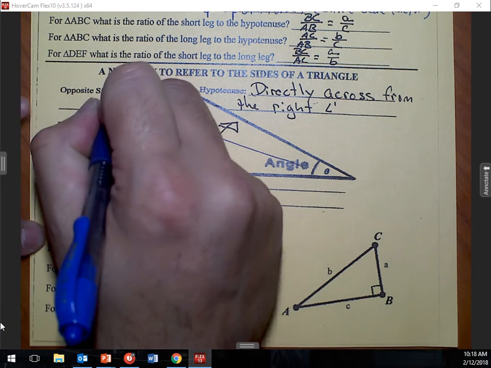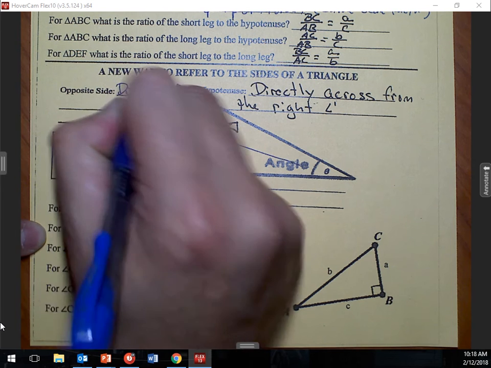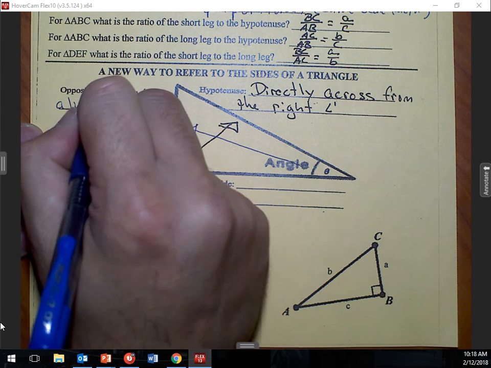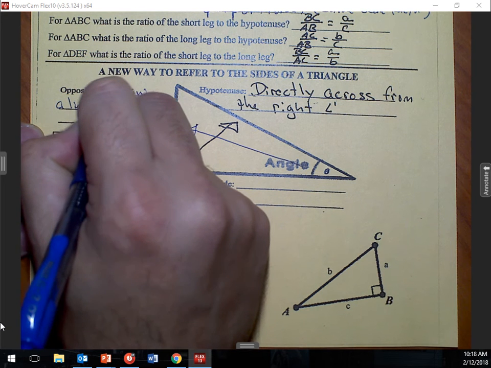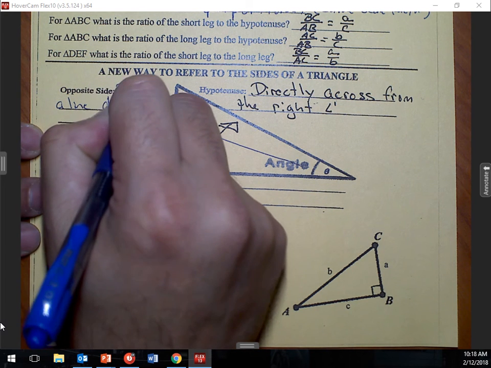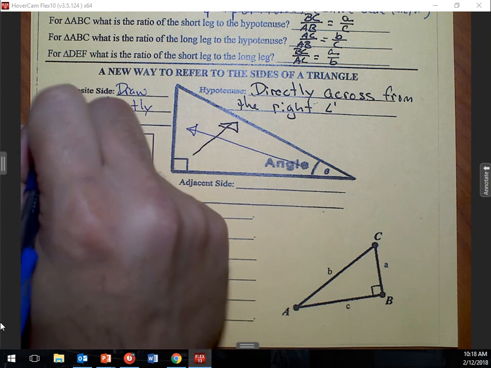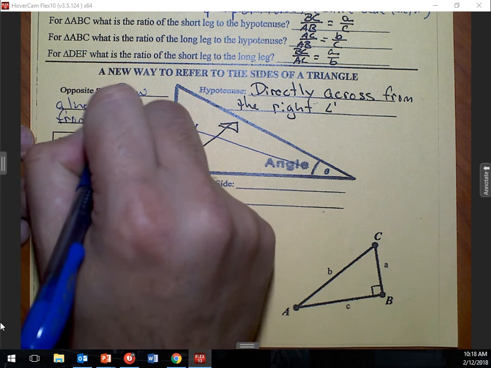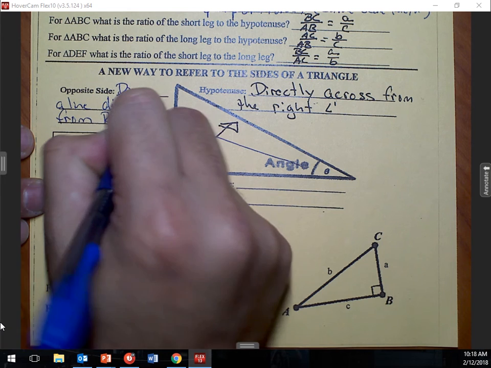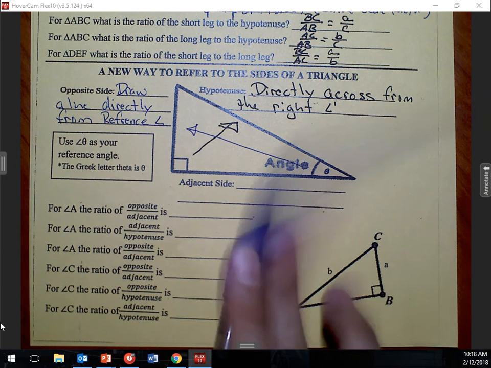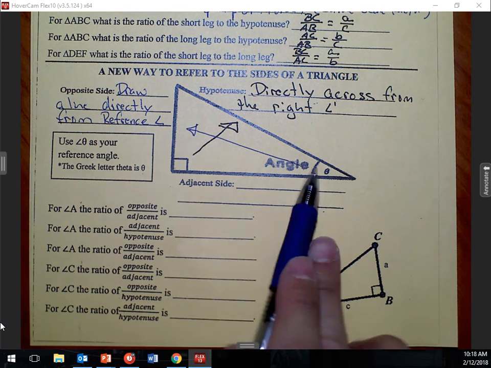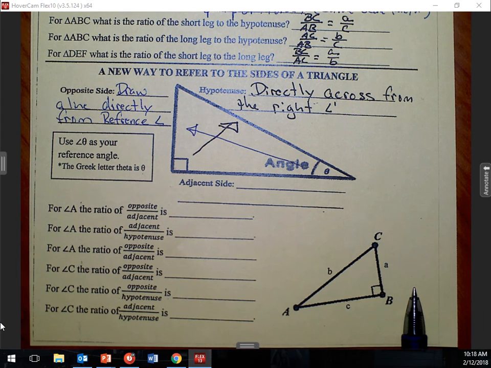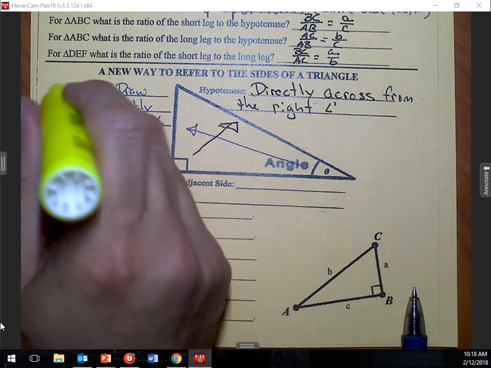So we draw a line directly from the reference angle. So there's my reference angle going directly across. So this thing is going to be my opposite. So I'm going to refer to it as the opposite.